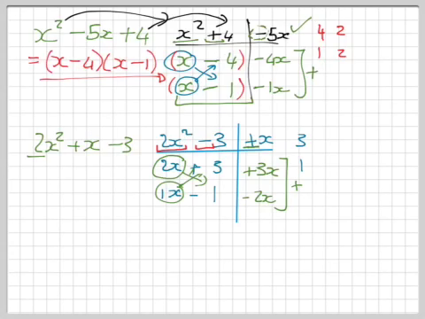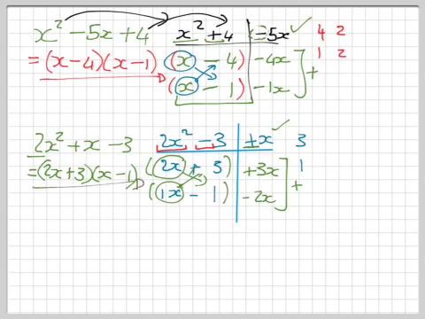And if I add them up, it gives me plus x. Fantastic! So even with this one, I now have my factors. So therefore, I'm going to have 2x plus 3 as my first bracket, and then x minus 1 as my last bracket.